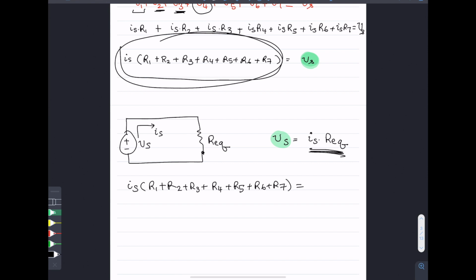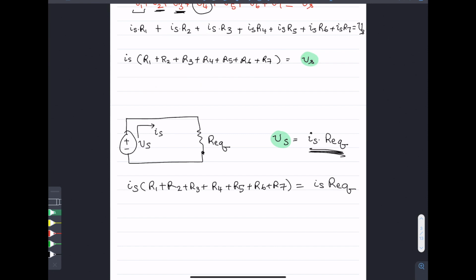By equating the appropriate left hand side and the right hand side, we can do that because both of these circuits are equivalent. That's the premise, right? So now you can factor out Is on both sides and cancel Is on both sides. You are left with this expression.